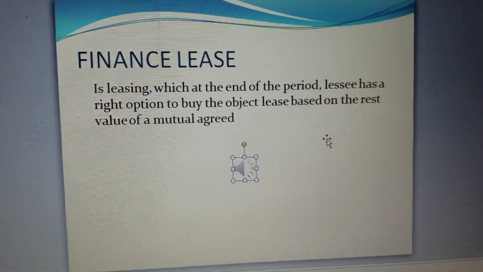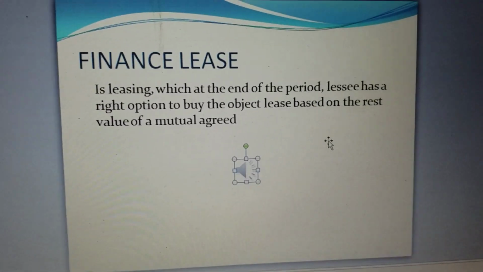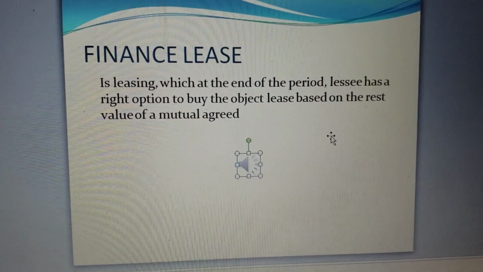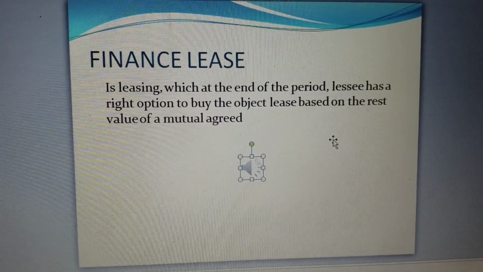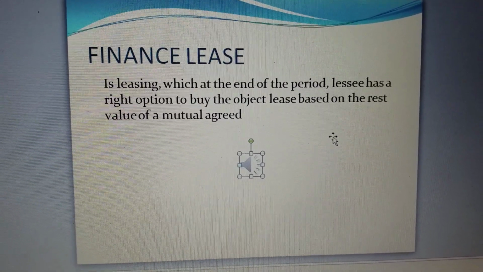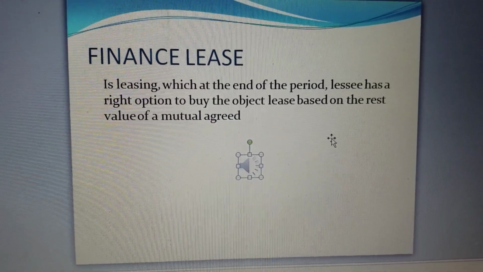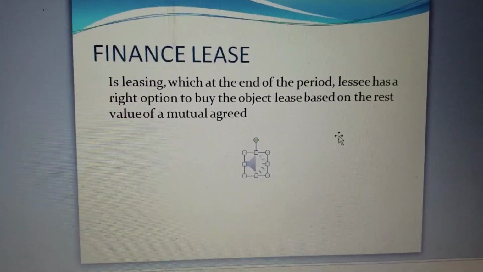Here the lessee would pay more than just the regular installment as an action to take over the object from the lessor. The result of this system is that at the end of the leasing period, the object would be the property of the lessee.